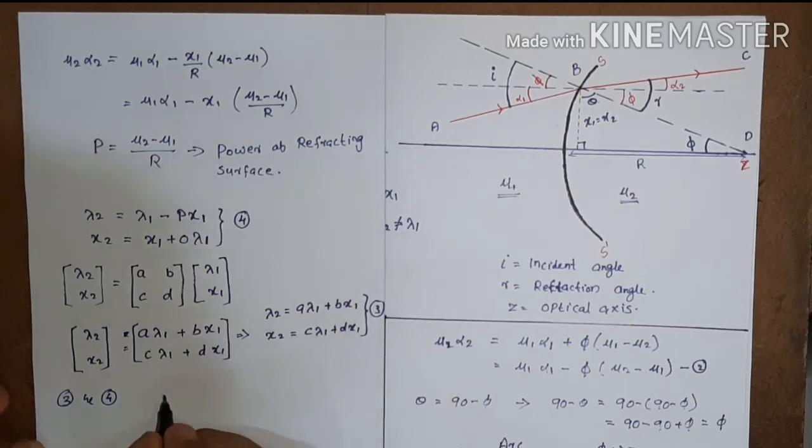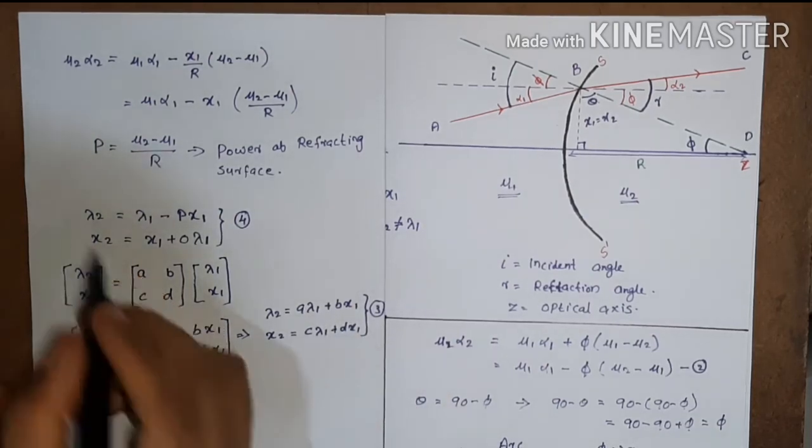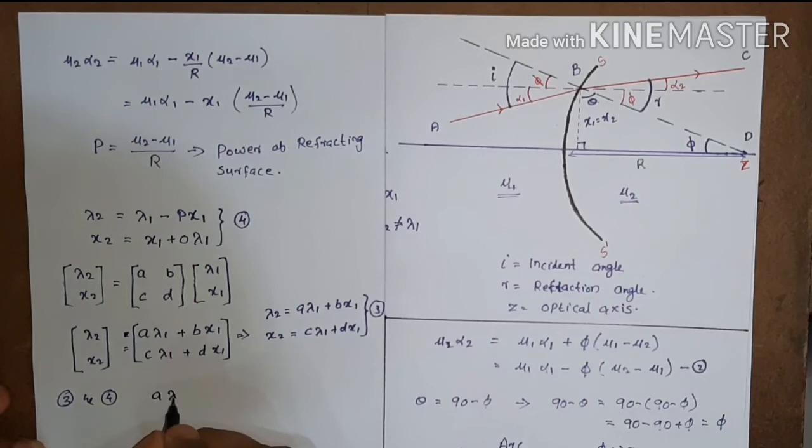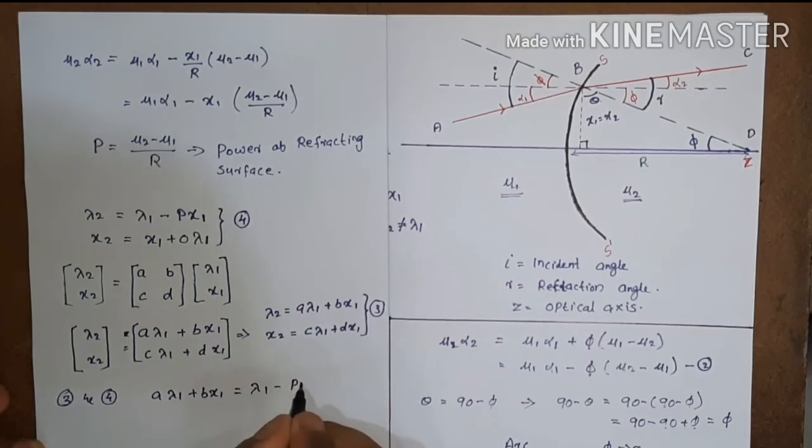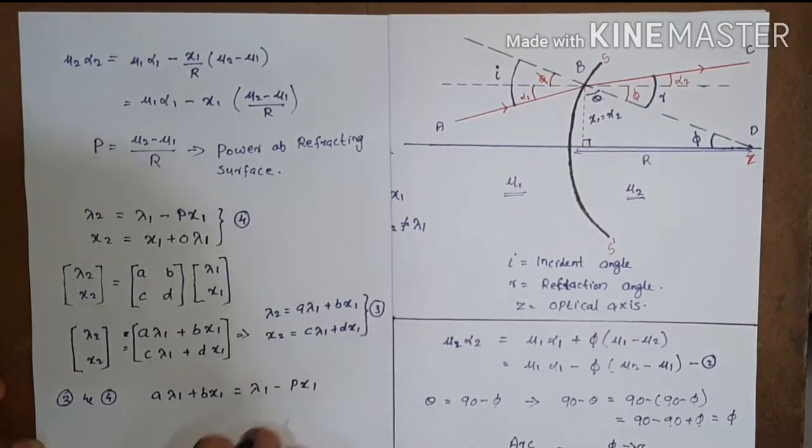So for making the expression A lambda 1 plus Bx1 equal to lambda 1 minus Px1, I have to choose A equal to 1 and B equal to minus P.